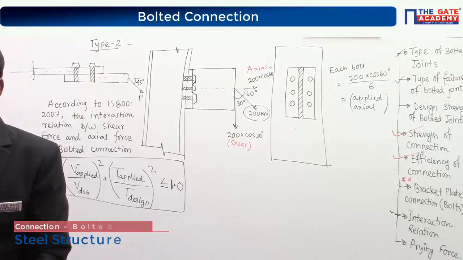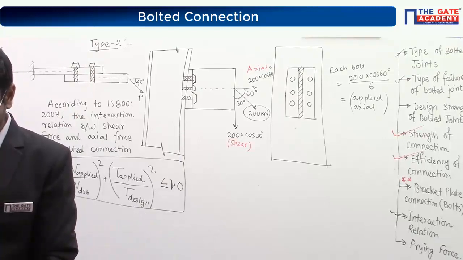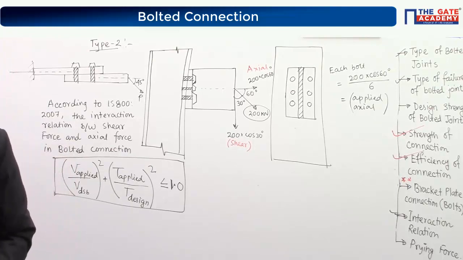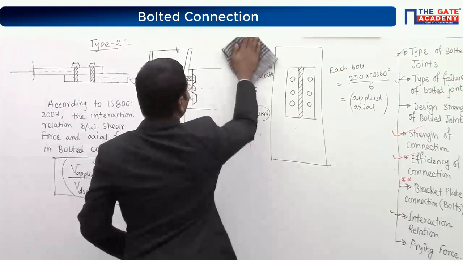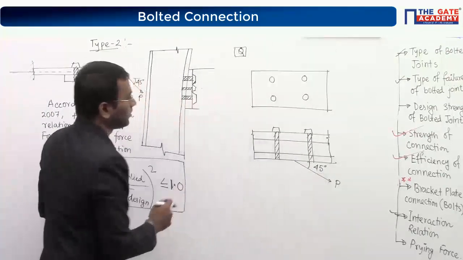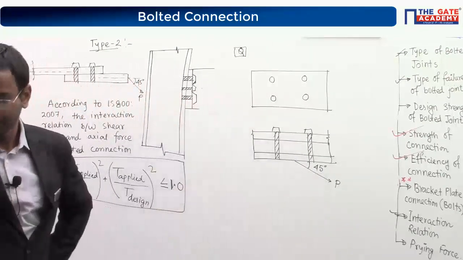So should I give one example for home? You will try this question. Just try this question quickly. One example for home. Try it at home. So this is your given diagram.